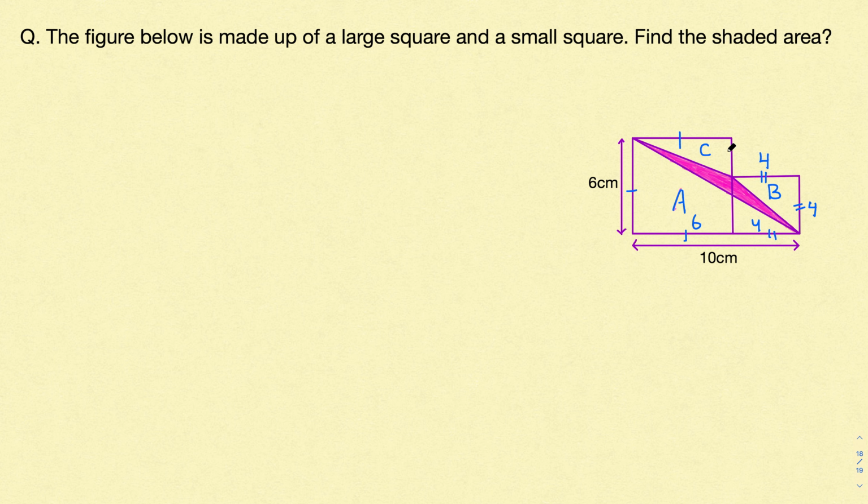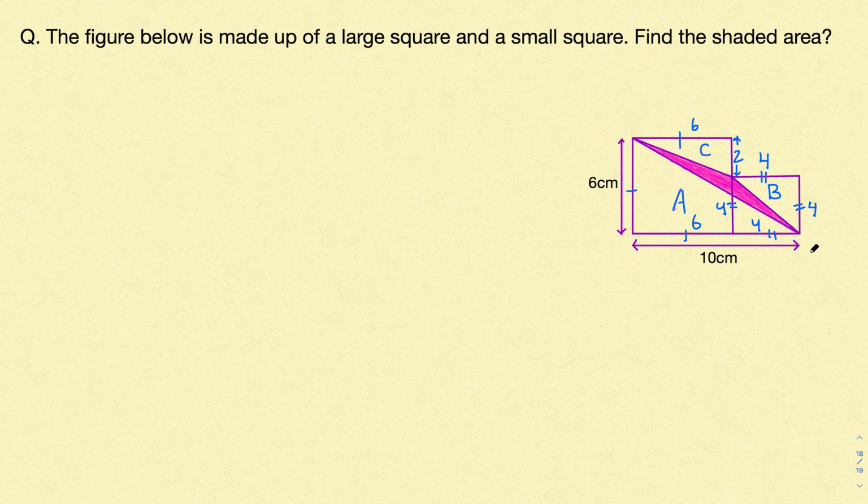The full length is 6, because this is the length of the big square, and we know the length of the small square is 4, so this part is 4. How much will this be? This will be obviously 6 minus 4, which gives you 2. So only this part is 2, and this is obviously 6.